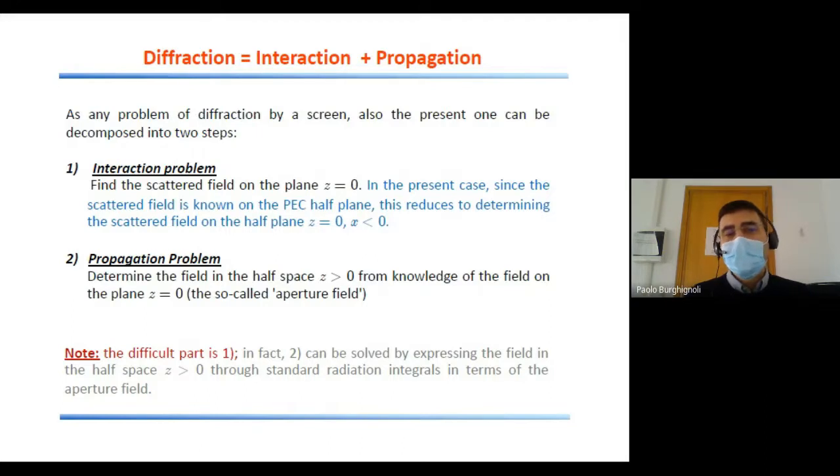And we may note that the true difficulty lies in the interaction problem, since once you know the field on the plane z equals 0, the propagation problem can in principle be solved by expressing the field at any point in the half space where z is positive by some integrals which involve the aperture field. But this may be numerically cumbersome. The real problem will be that of solving the interaction problem.